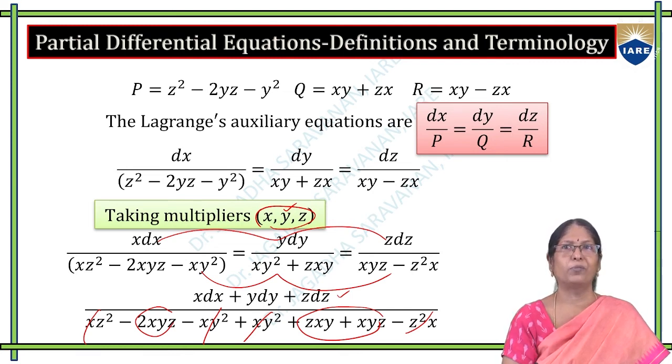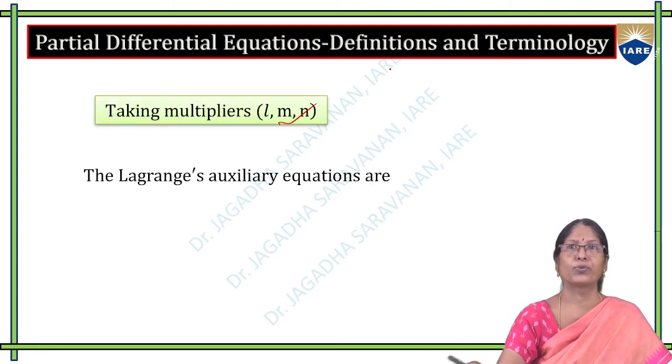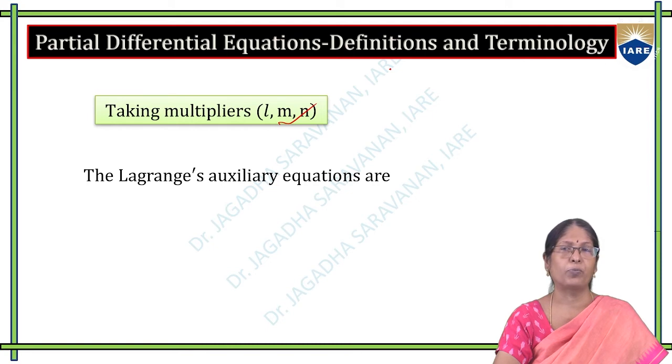So this is the terminology connected to our Lagrange's multiplier if our given equation is Lagrange's linear equation, that is our format Pp plus Qq equal to R. Here we can see it. Suppose you are taking the multipliers l, m, n.